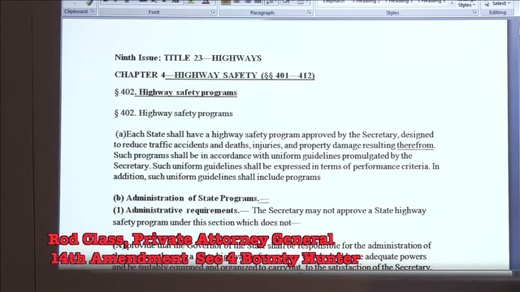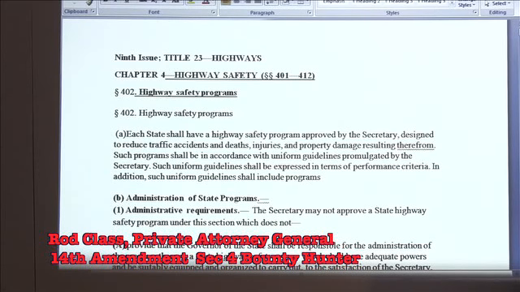Each state shall have a highway safety program provided by the Secretary designed to reduce traffic accidents and death, injuries, and property damage resulting therefrom. Such program shall be in accordance with uniform guidelines promulgated by the Secretary.